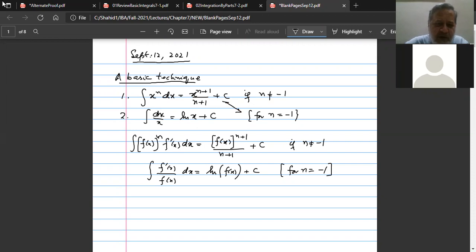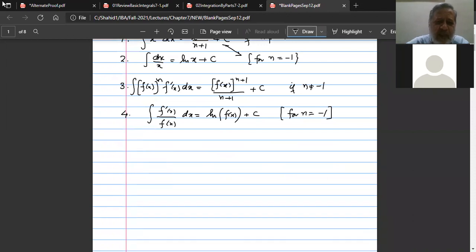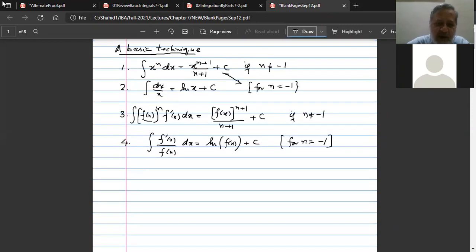Now, motivated by this fundamental rule that we call the power integral, we have extensions of these rules, rule number 3 and 4. If you have some function whose power is n in the integrand, along with the derivative of the function inside, then we have exactly the same result as formula 1.